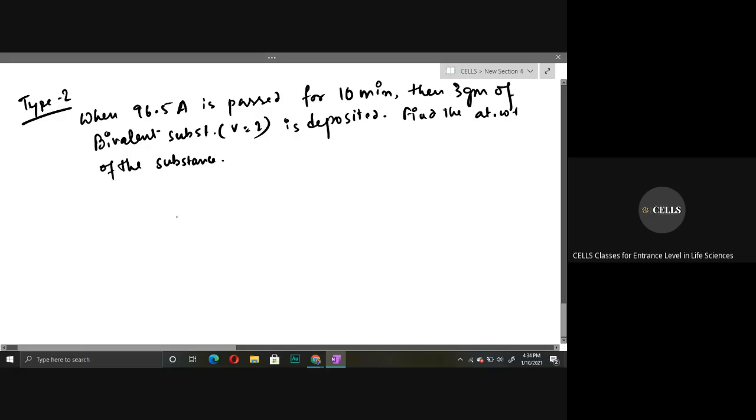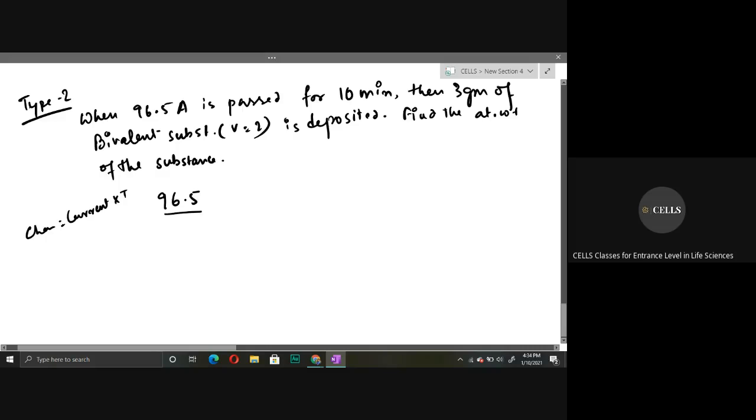In the question it is given that 96.5 ampere of current. We know that current equals charge by time, so current into time is equal to charge. First of all, we'll calculate the charge.